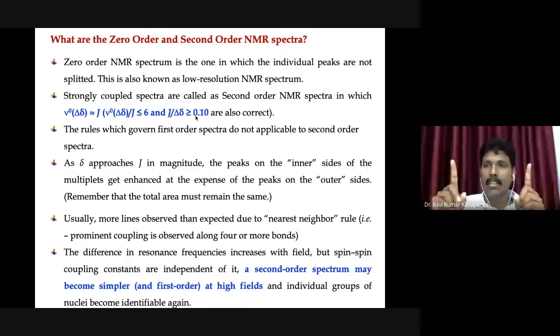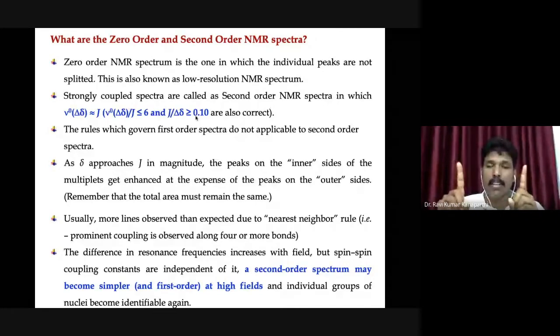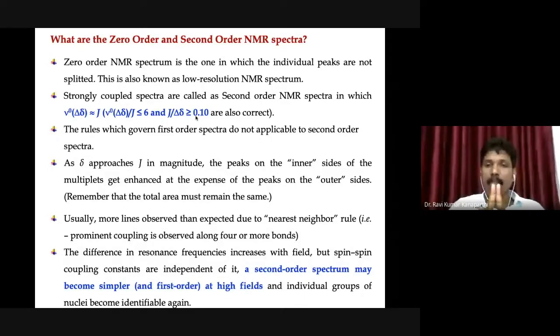So this is two lines, and this is two lines. This difference is on par with the splitting constant, so they will be very close. When the difference reduces and approaches the coupling constant, they will come together like this.